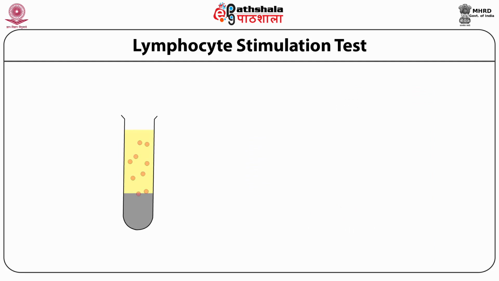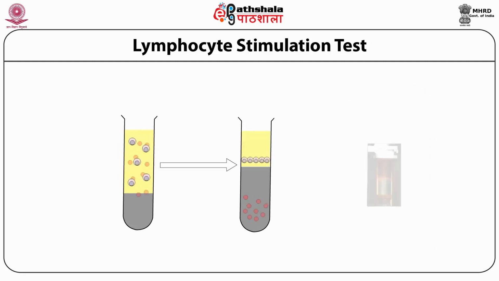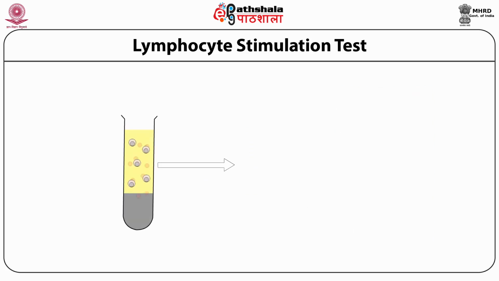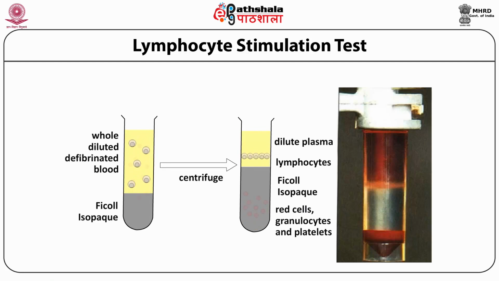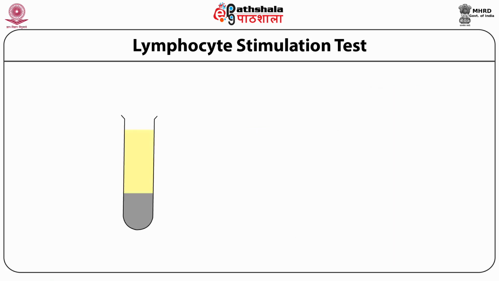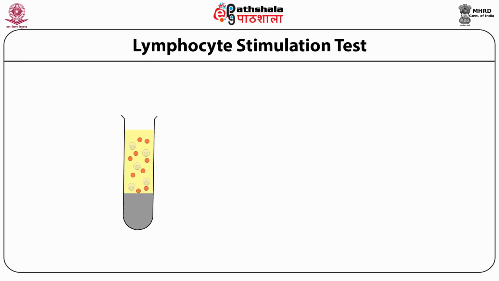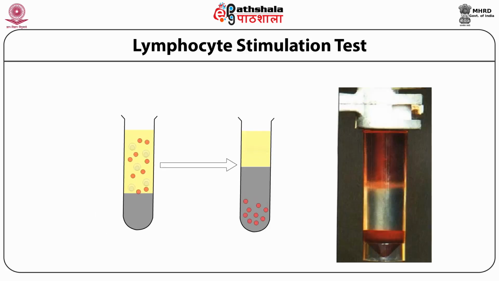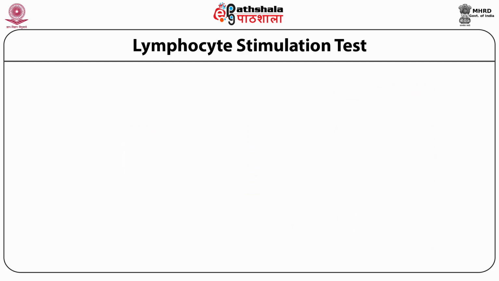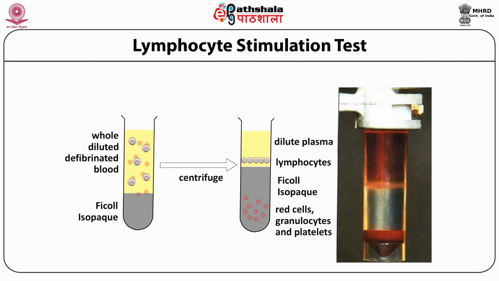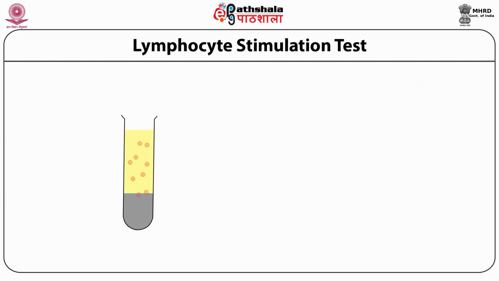Lymphocytes collect at the interface of Ficoll, which is the lower phase, and diluted plasma, which forms the upper layer. The lymphocyte population can be further separated from macrophages by transferring the suspension to a plastic vessel. Macrophages bind to the plastic surface, leaving the lymphocytes in suspension. Alternately, addition of iron filings leads to their uptake by phagocytes, which can now be removed by using a magnet.